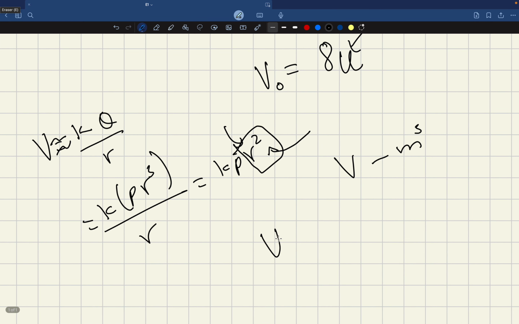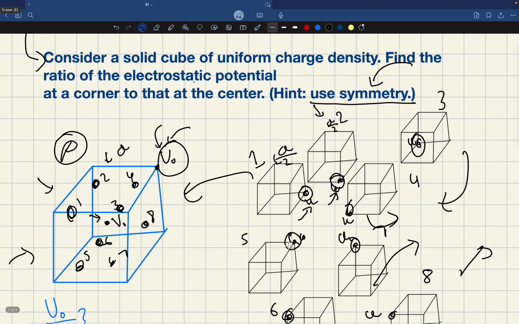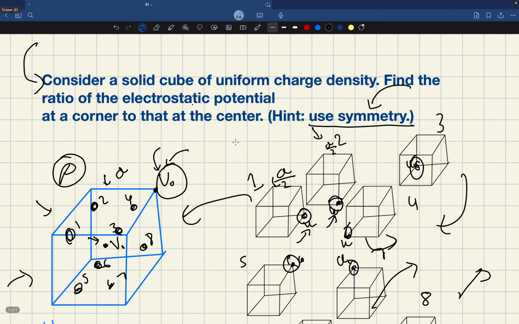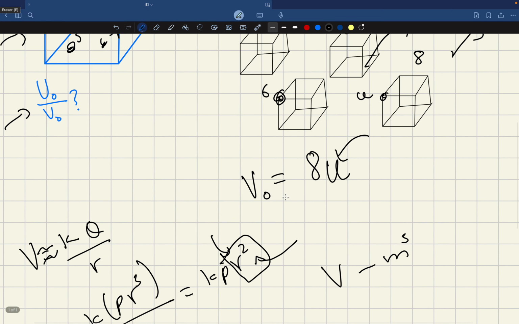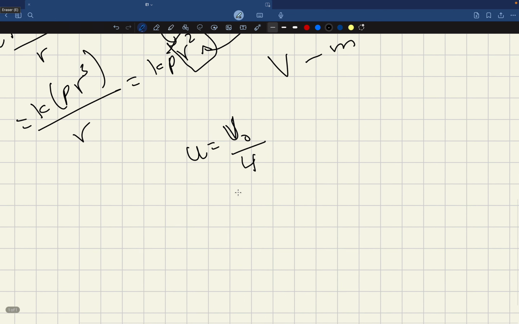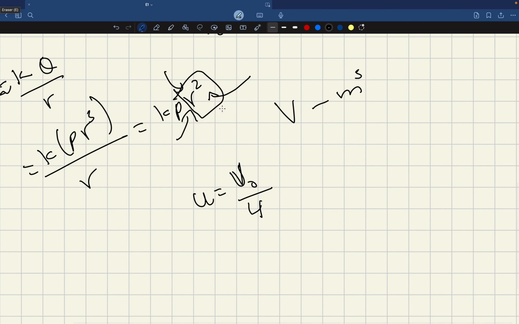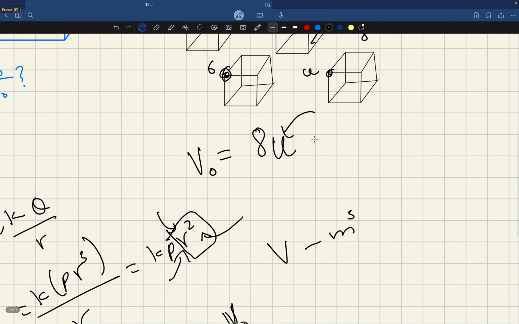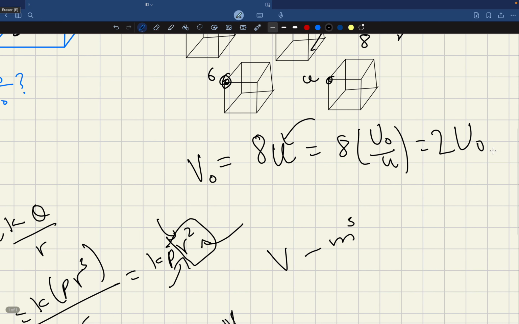So what I'm saying is small u must equal u naught over 4, because when we halve the side length and the dimensions, we have to quarter the actual potential of the cube here. So then we just directly get our answer, and that just becomes 8 times u naught over 4, which is 2 u naught. This isn't the answer we wanted.